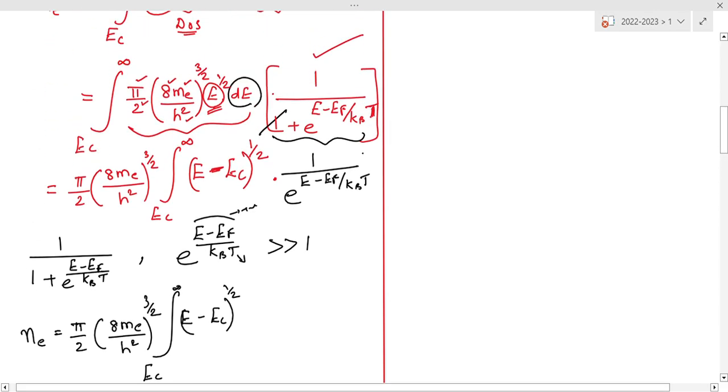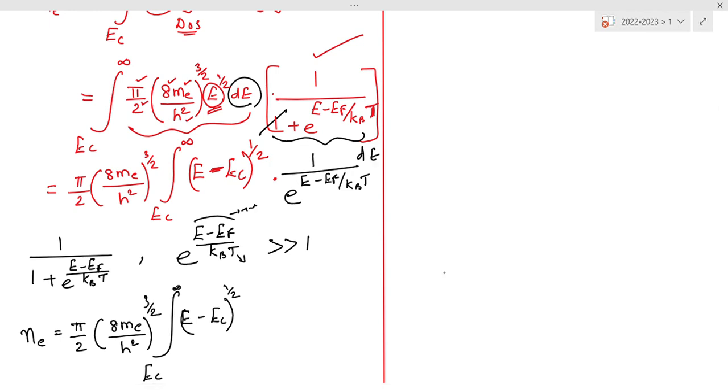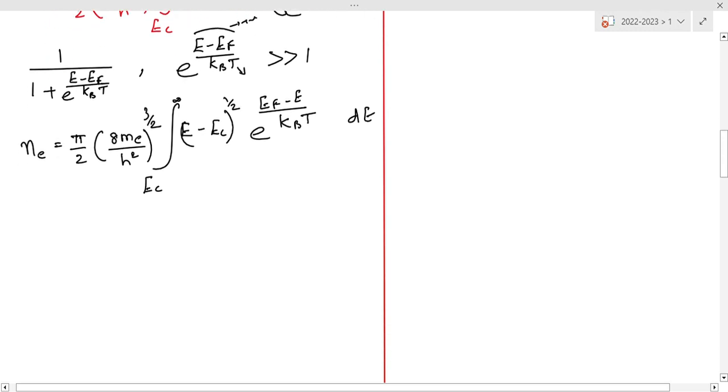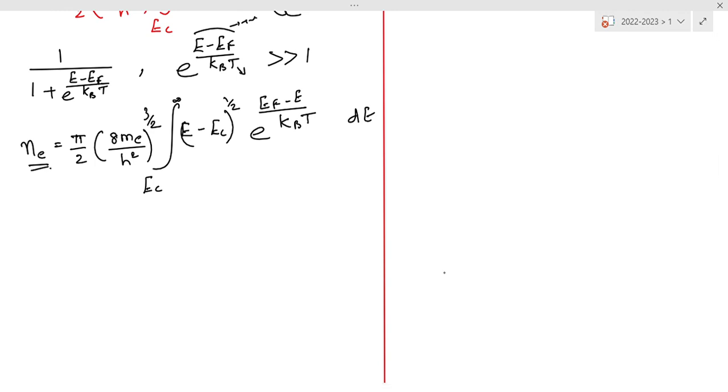While taking this to the numerator, EF becomes positive and E becomes negative. Therefore, e power EF minus E by kBT. So this is the required equation, the basic equation to determine the number of electrons in the conduction band of an intrinsic semiconductor.